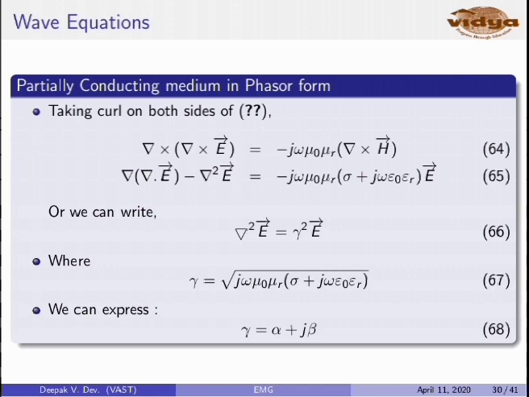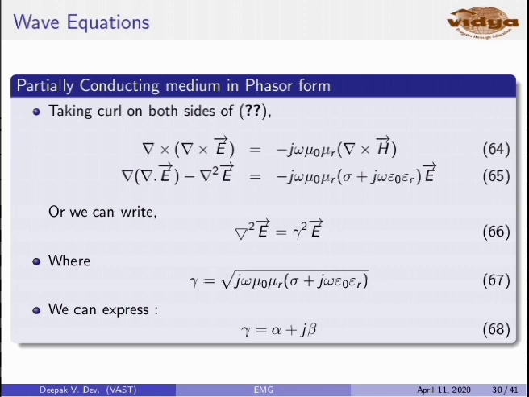If you know the values of alpha and beta, we can infer much more detail about the wave propagation in that medium. Alpha represents the amount of attenuation that takes place to the wave in that medium, which is why it is known as the attenuation constant. Beta is known as the phase constant, as it represents the phase shift of the wave. So the propagation constant is a complex quantity; its real part is the attenuation constant, and its imaginary part is the phase constant.